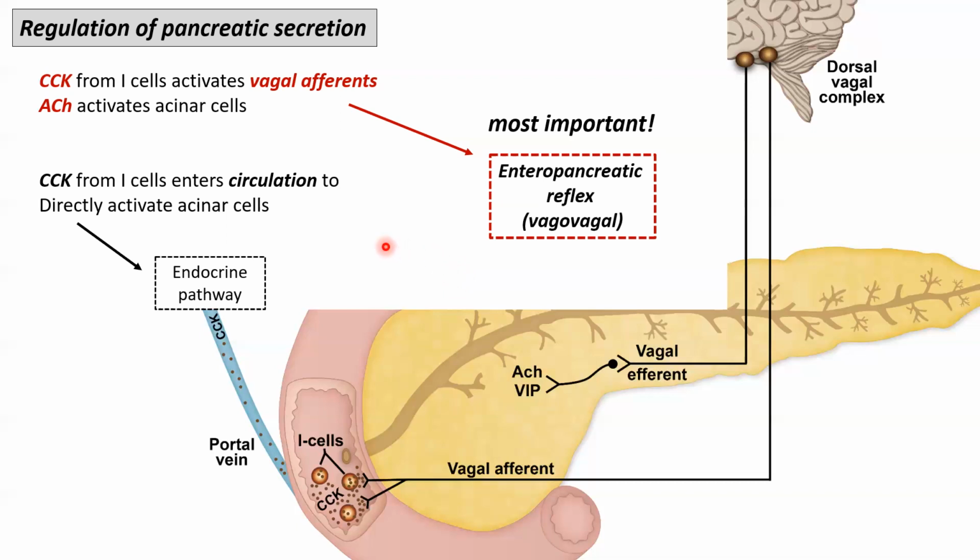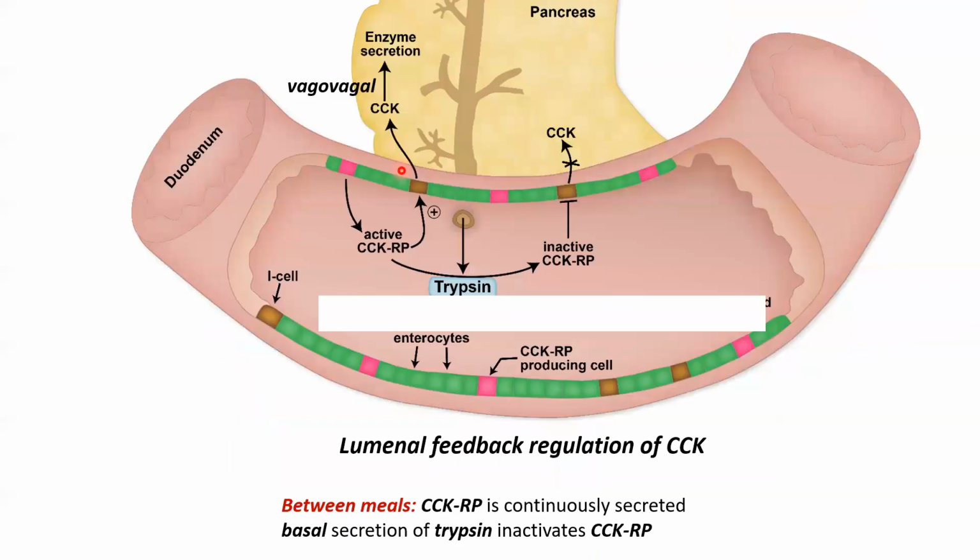Okay. But this is the most important thing. It's the way it works. Now you're going to have some feedback regulation in the duodenum. This is a cute little one. Let's see if I can not get mixed up and try and explain this. Ordinarily, remember that cyclic MMC coming by, we're going to have some basal secretion of these enzymes, right?